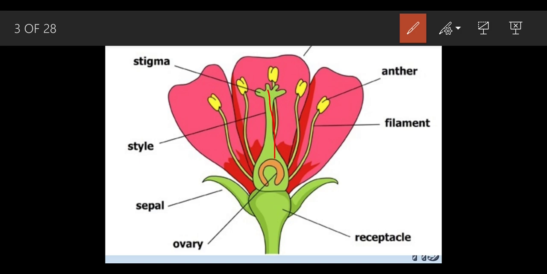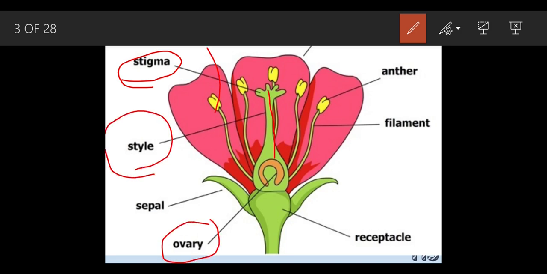The topmost part is the stigma, this is the style, and this is the ovary. These three structures together make your gynoecium. What do you mean by gynoecium? The female part.